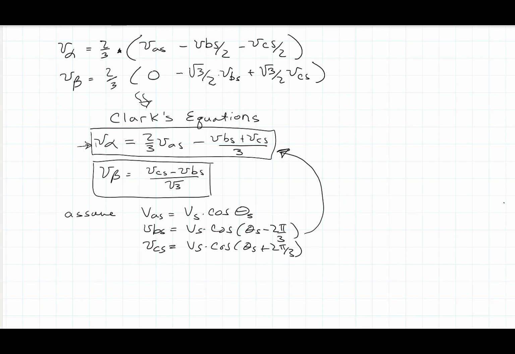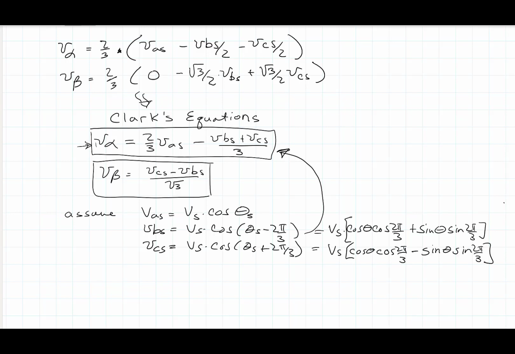It will help us to apply a trig identity here. So this is Vs cosine theta s cosine 2 pi thirds plus sine theta sine 2 pi thirds. And then the VCS is a similar expression, except that there's a negative sign.